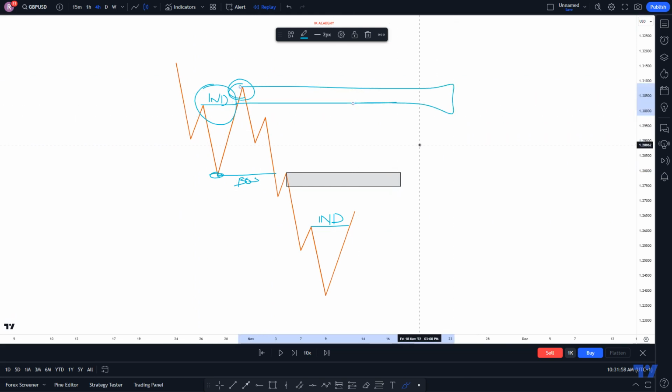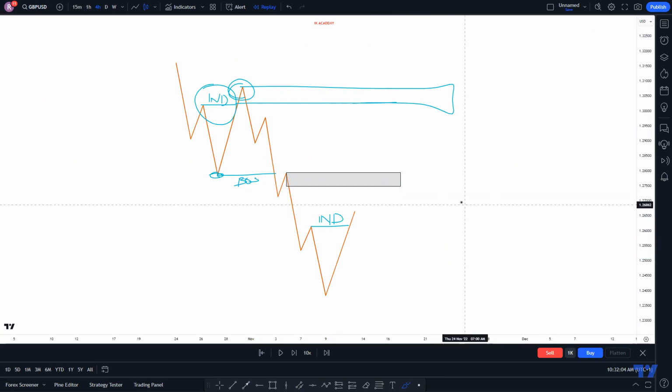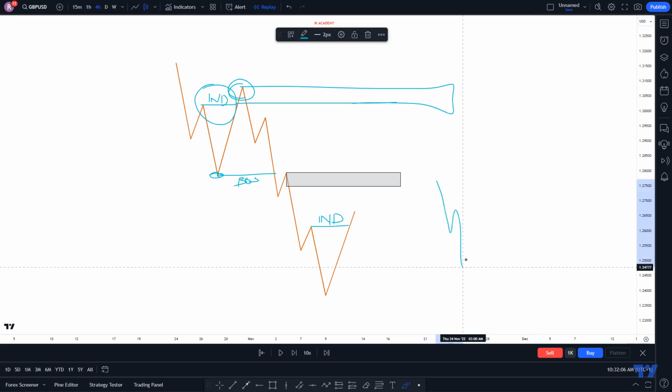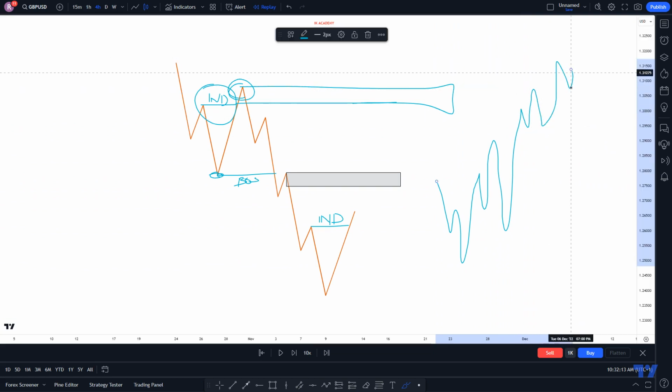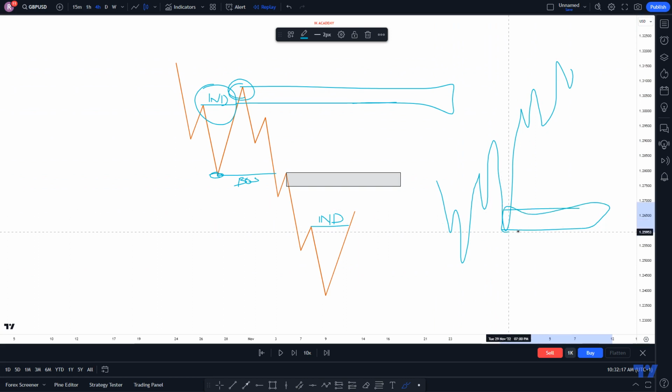For the opposite side, in a bullish market, once you have something like this, price sweeps this, so this low here, this structure here becomes an extreme POI, because you can clearly see the price took out an inducement, led to a break of structure, and then our current inducement will be here.